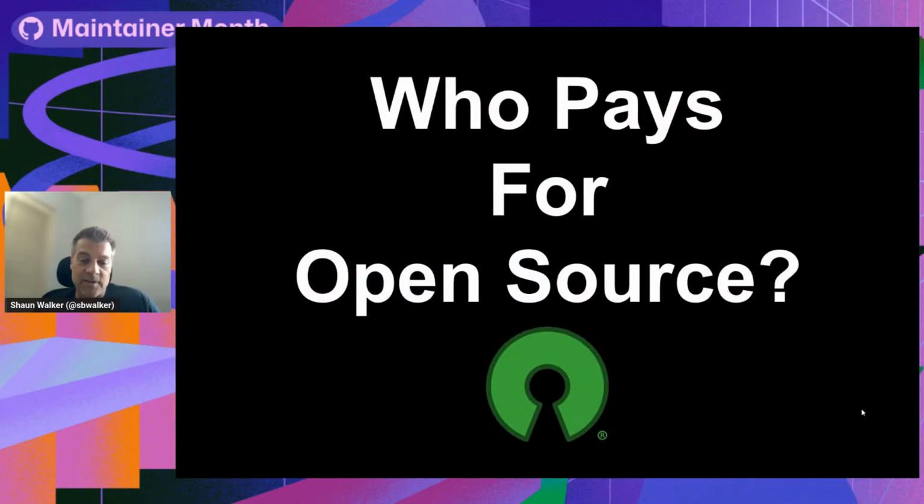So, getting to the end of this, who pays for open source? Like I said, this is a rhetorical question. Maintainers pay for open source with the blood, sweat, and tears that they put in their projects. Consumers pay for open source with the risk that something could go wrong with the open source project that they depend on.